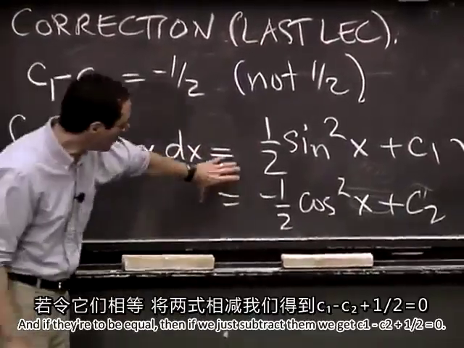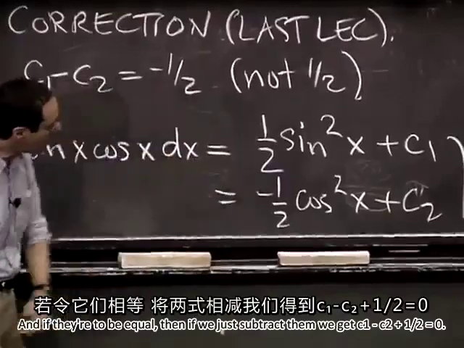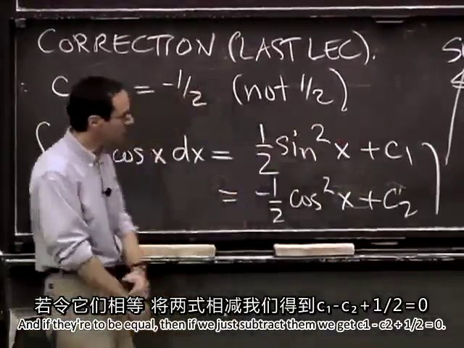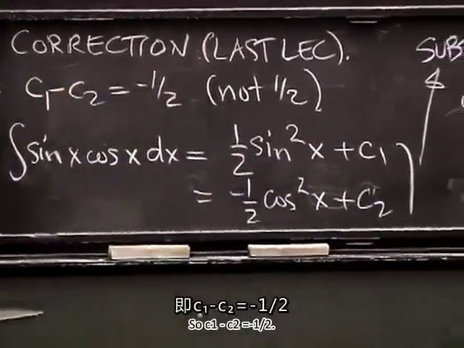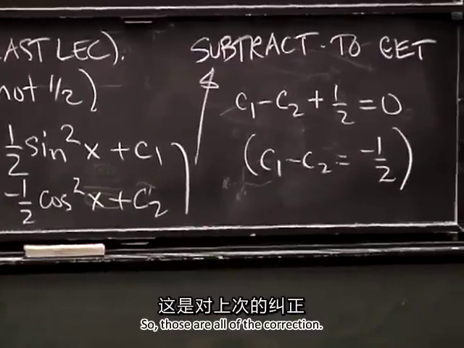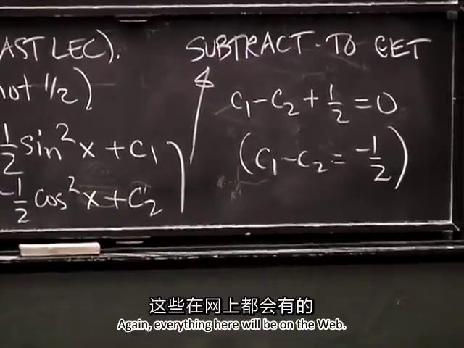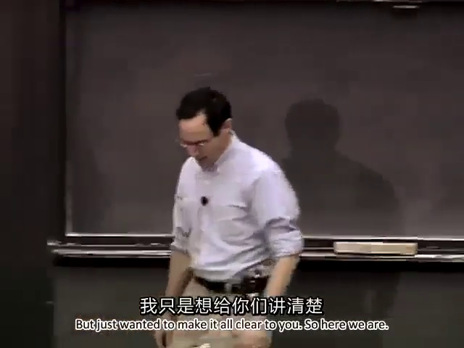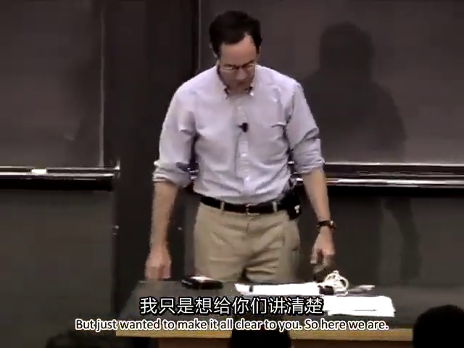And if they're to be equal, then if we just subtract them, you get C1 minus C2 plus a half is equal to 0. So C1 minus C2 is equal to a half. All right. So those are all of the corrections. Again, everything here will be on the web, but just wanted to make it all clear to you.